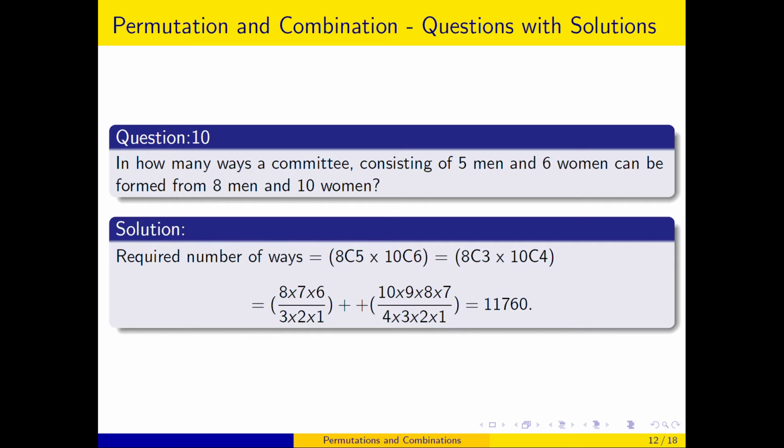So it is 8C5 into 10C6, which is equivalent to 8C3 into 10C4. For easy simplification, we take 8C5 as 8C3 and 10C6 as 10C4. We get 11,760.